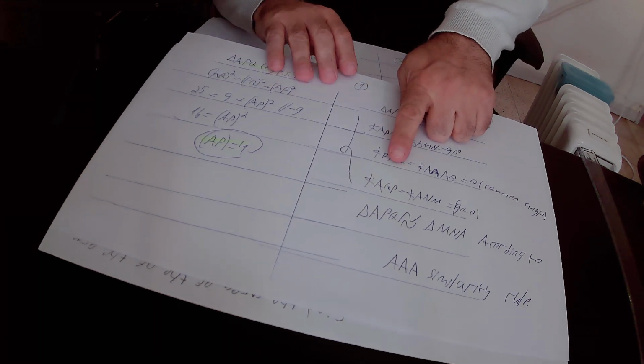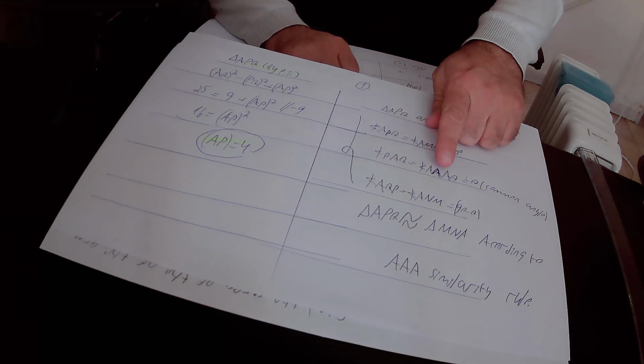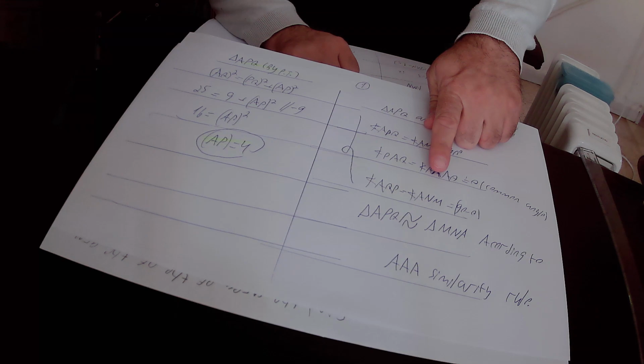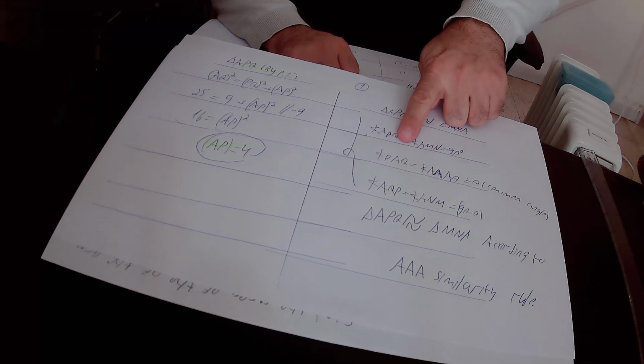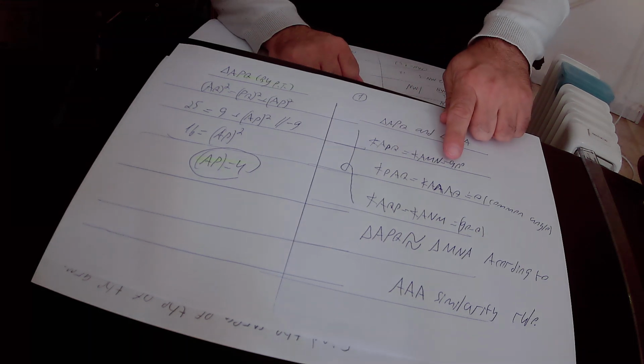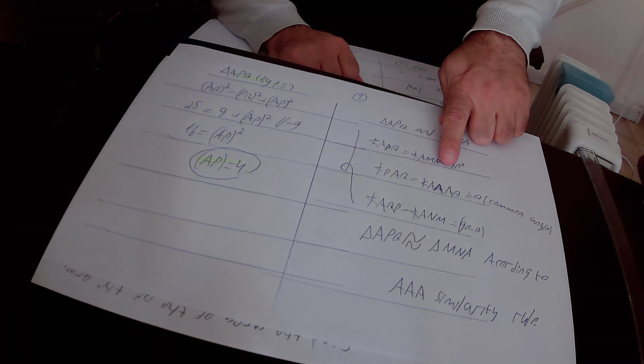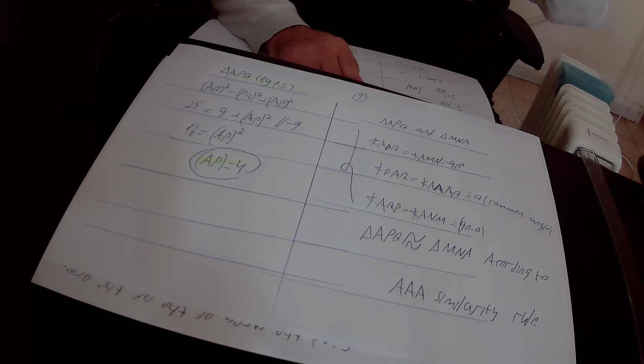Angle theta is angle AQP, and it is also angle ANM. Angle theta is angle PAQ, which can also be called angle MAQ. It is a common angle that belongs to both triangles.